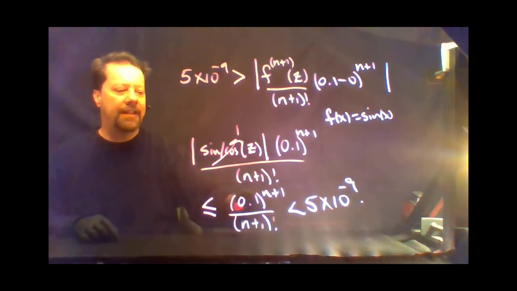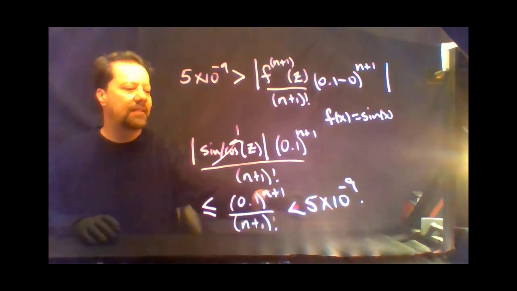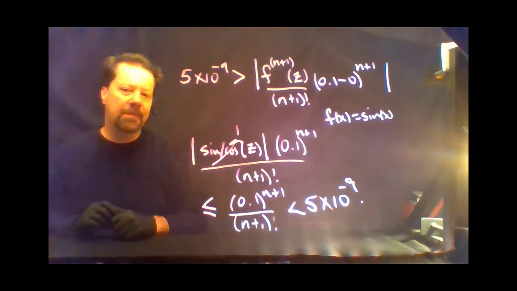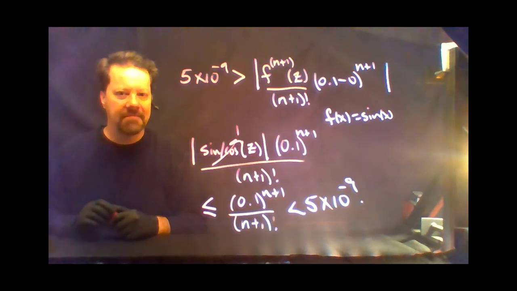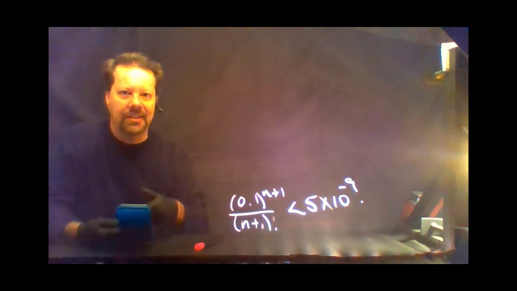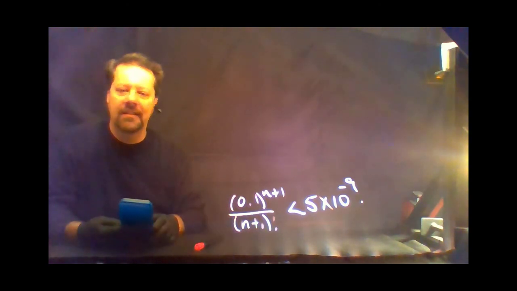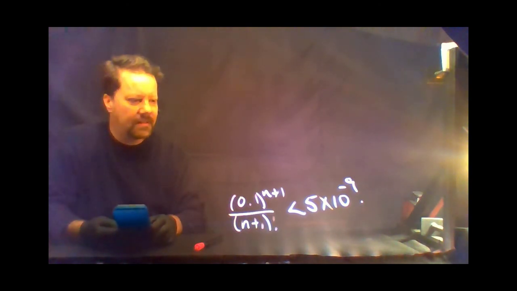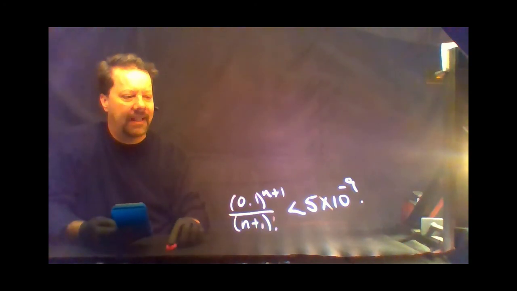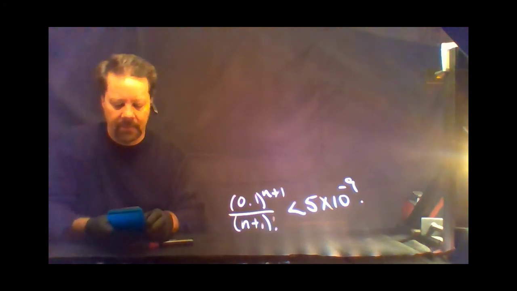To find the value of n that will work, all we have to do is plug different values of n in until we get a value smaller than 5 times 10 to the negative 9. We're really stuck just trying to plug numbers into our calculator until we find the smallest value of n where all of this works. I'm going to start by looking at n equals, say, 4.